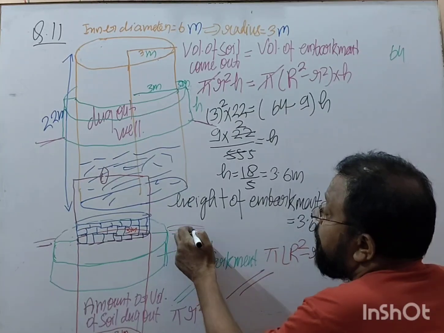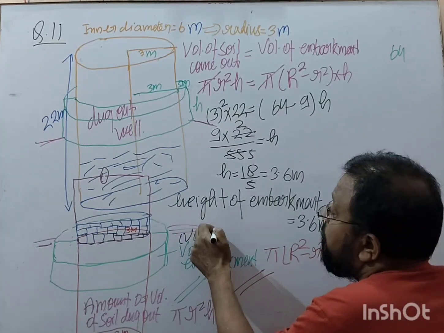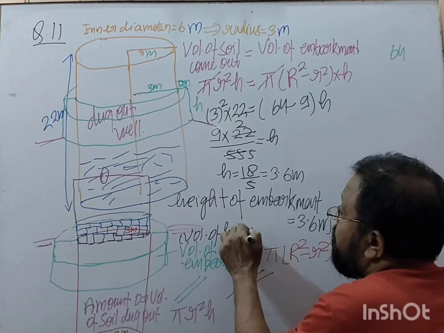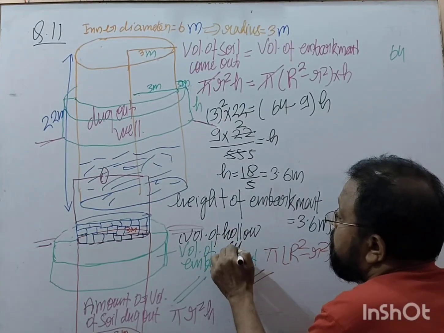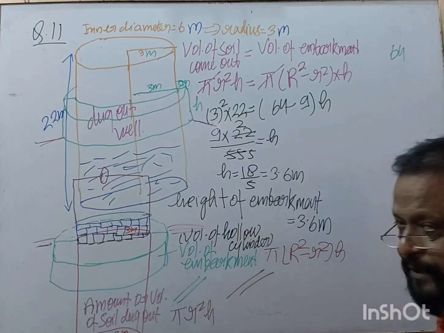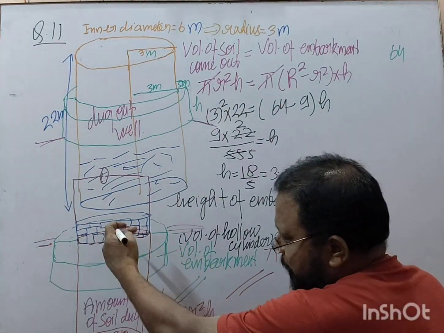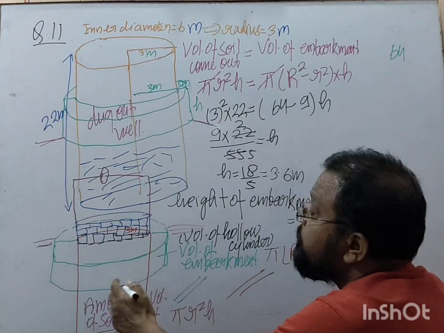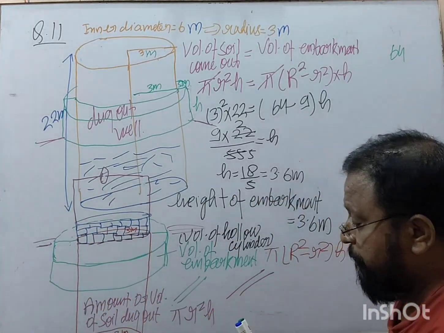I just remembered, volume of a hollow cylinder. This is a hollow cylinder, right? This is the height of embankment.